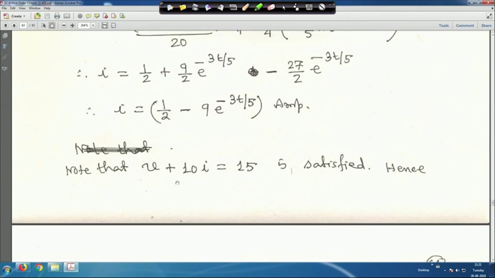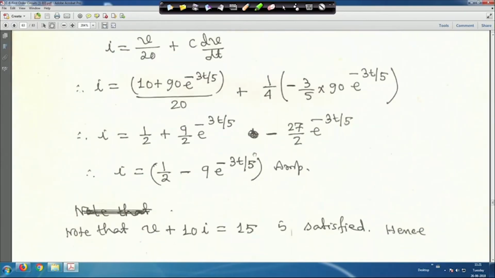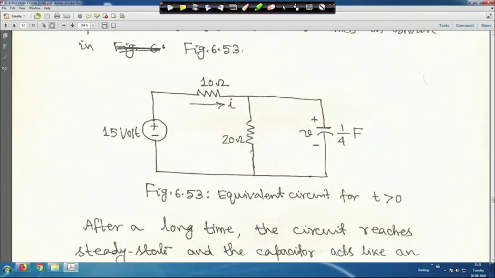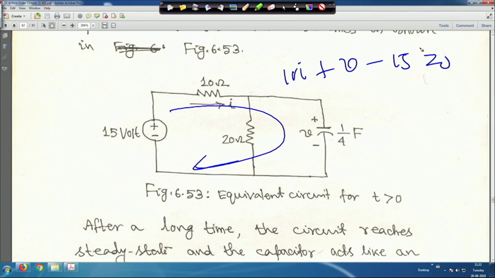Note that V plus 10 I is equal to 15 is satisfied. If you go to this circuit and I want to apply KVL, this voltage V means 10 I plus V minus 15 is equal to 0.